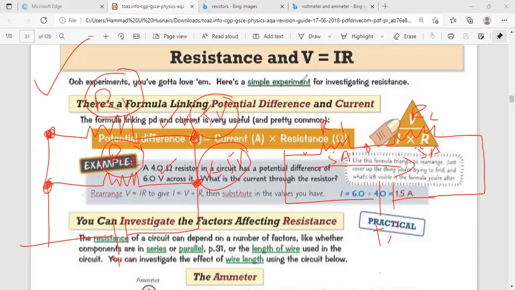Okay. So moving forward, read the next statement. In a series circuit, the current flowing through both components is the same.